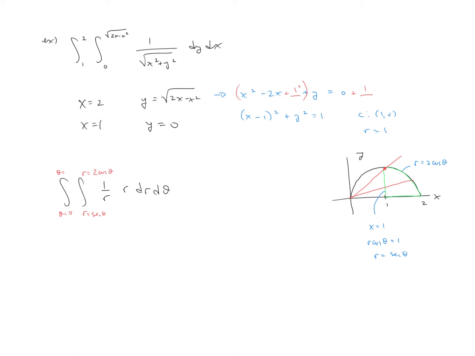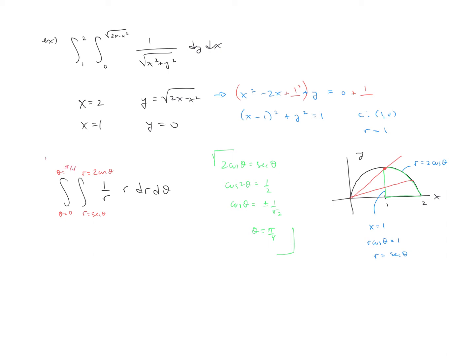So I'll do that over here in green. 2 cosine theta equals secant of theta, which says cosine squared of theta equals 1/2. Cosine theta equals plus or minus 1 over root 2, and therefore theta ends up equaling pi over 4, which might not surprise you, but it is worth showing that this is how you would come up with that given some different situations. So 0 to pi over 4.